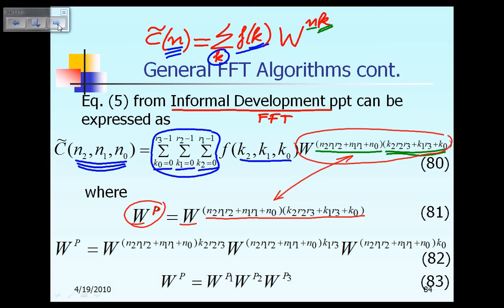The next thing we want to do is consider the first parenthesis in equation 81, which I show in this blue bracket. Take the first parenthesis and multiply it with the first term in the second parenthesis. When you do that, you will get this term that I show in blue color in equation 82.